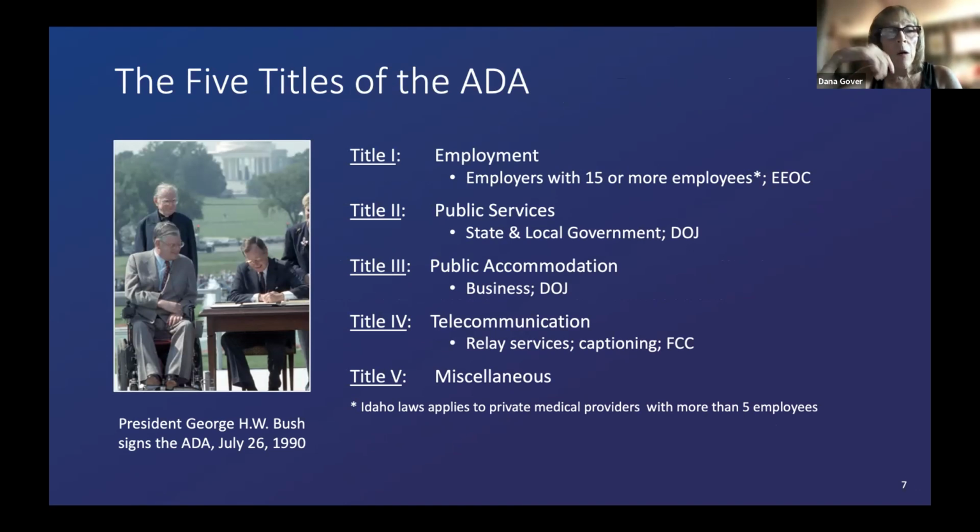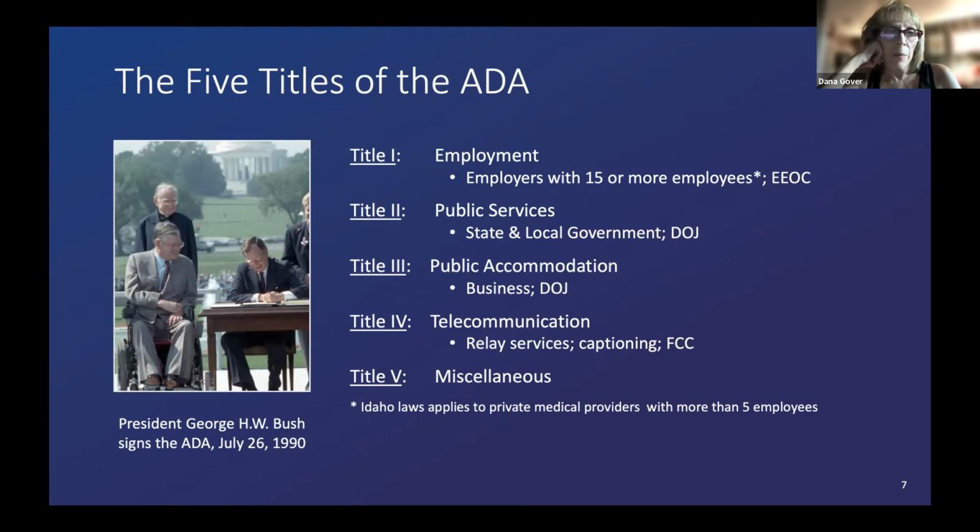So I'm going to briefly go over what the 5 titles of the ADA are. And I'm not going to go into a lot of the ADA details because we have only a short time, and I want each and every one of you to get information from our other speakers tonight.